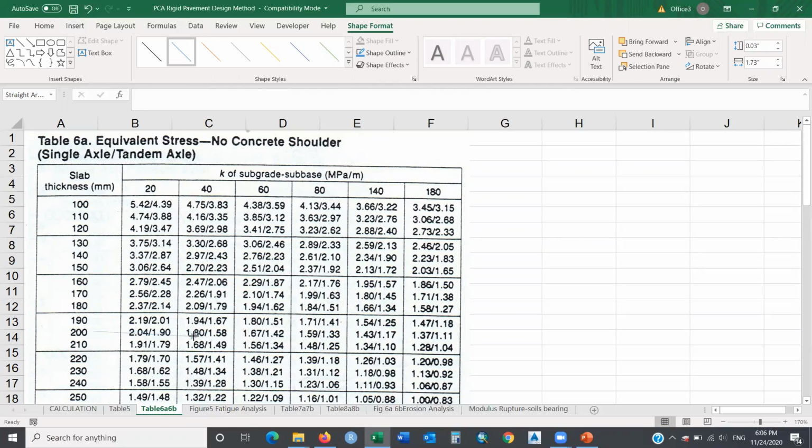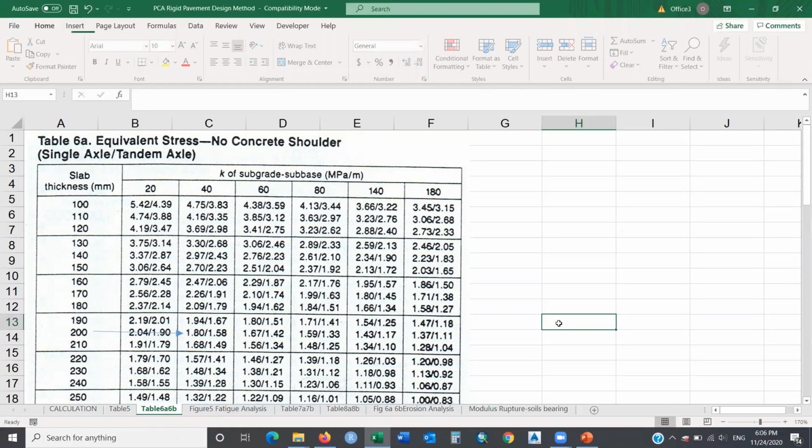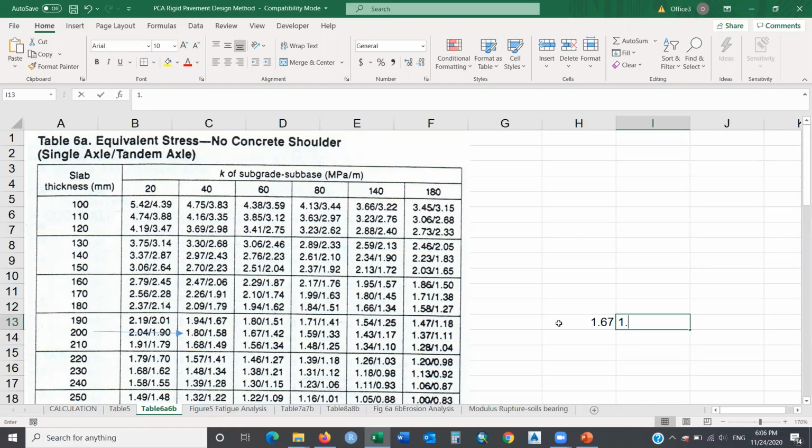Now, let us imagine for some reason you landed somewhere in between 40 and 60. Let's say it's 50. In that case, the equivalent stress for the single axle is somewhere between 1.67 and 1.8. So you can simply make the average if you want.